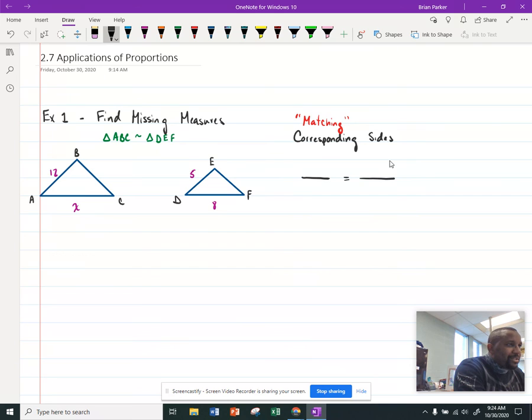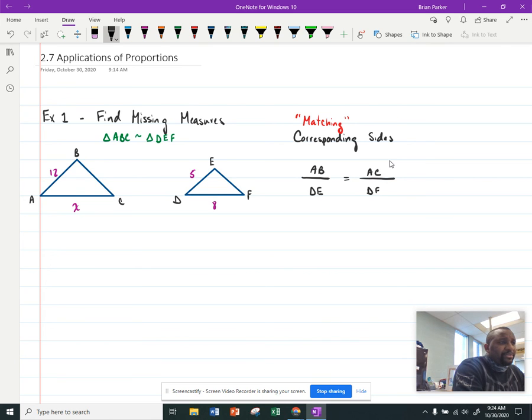We could say that side AB corresponds to side DE, right? They're both on the left, okay? And then we could say that side AC corresponds to side DF because those are both the base of the triangle, right?